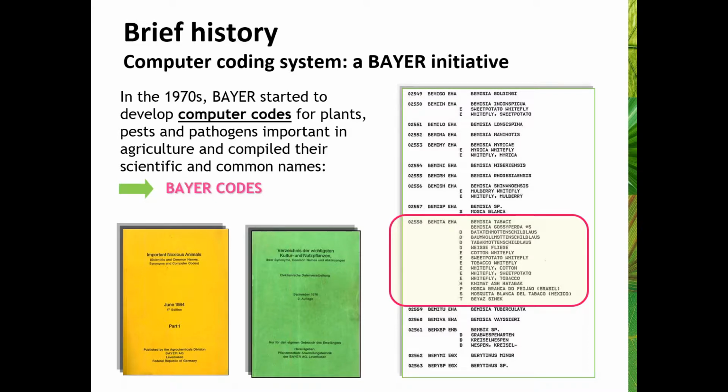And in those days, those codes were also compiled in those big green, yellow and blue books. And you have here an example of what was inside those books. So, for example, for Bemisia tabaci, the coding system was already giving a code and also common names of that pest in different languages and synonyms as well.